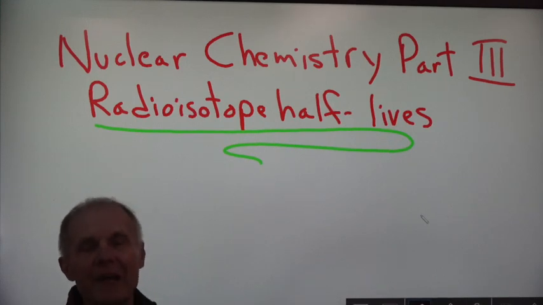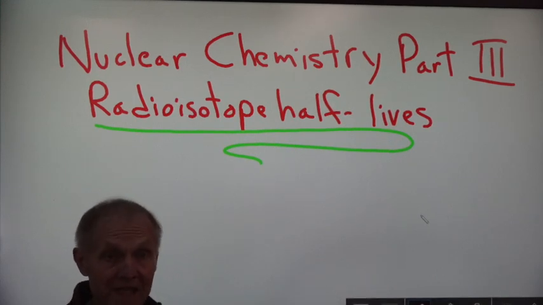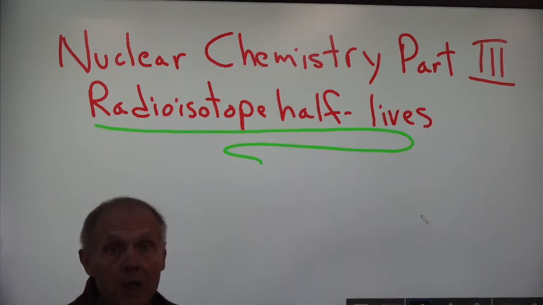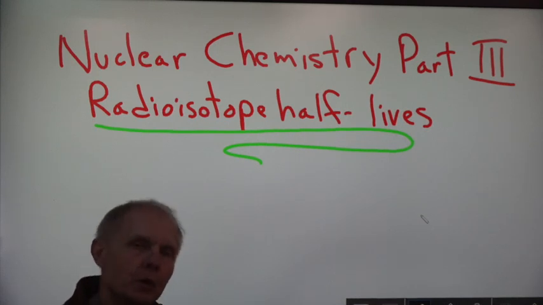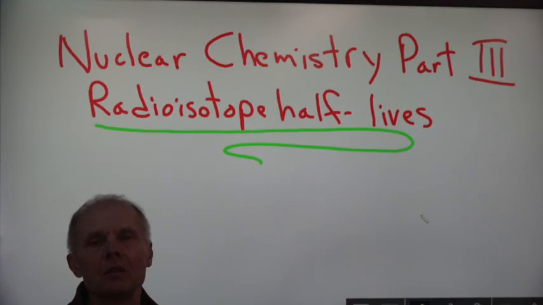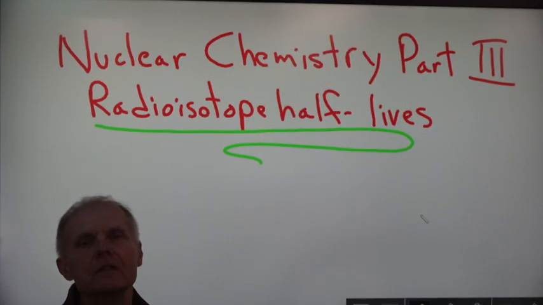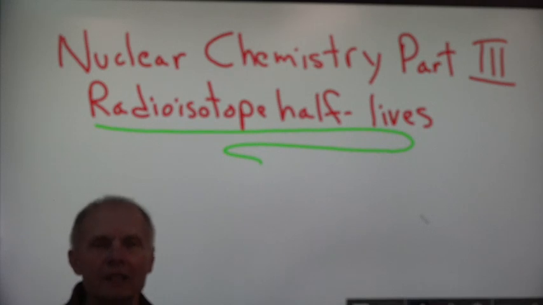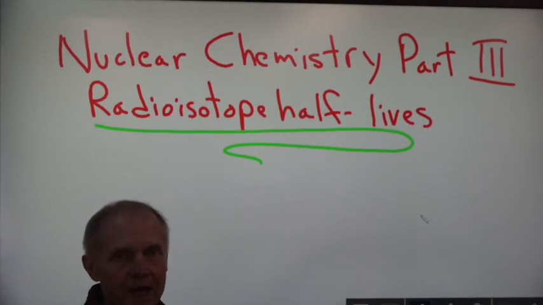And that's kind of bad news, because if we were able to shorten the half-lives, well, then the radioactivity we could do away with, but we can't. So whatever the half-life is, that's how long half of it takes for the radioactive element to go non-radioactive.